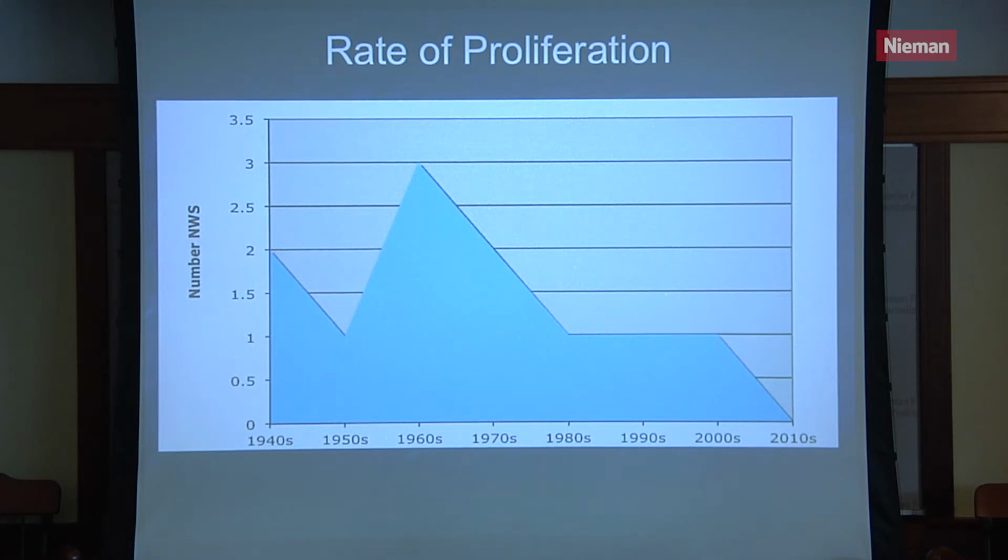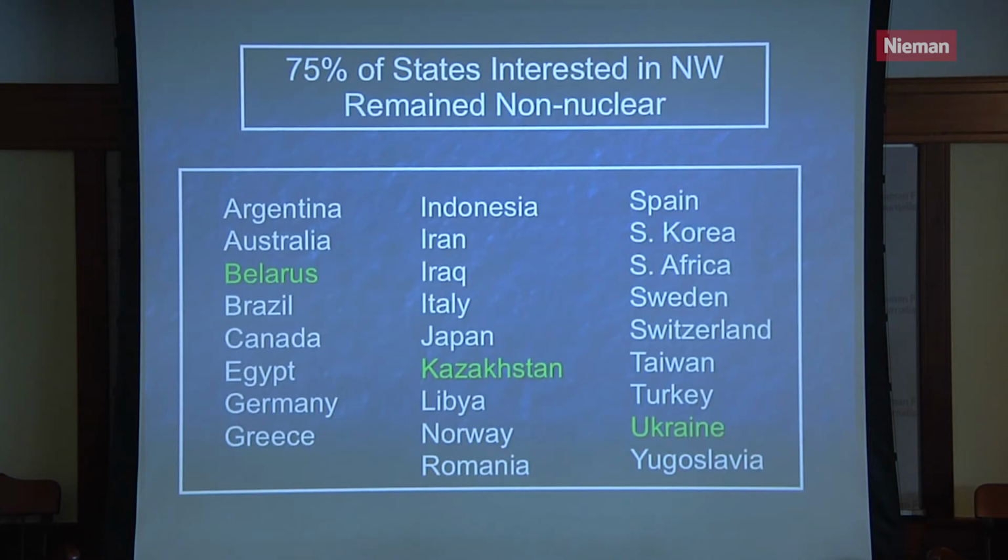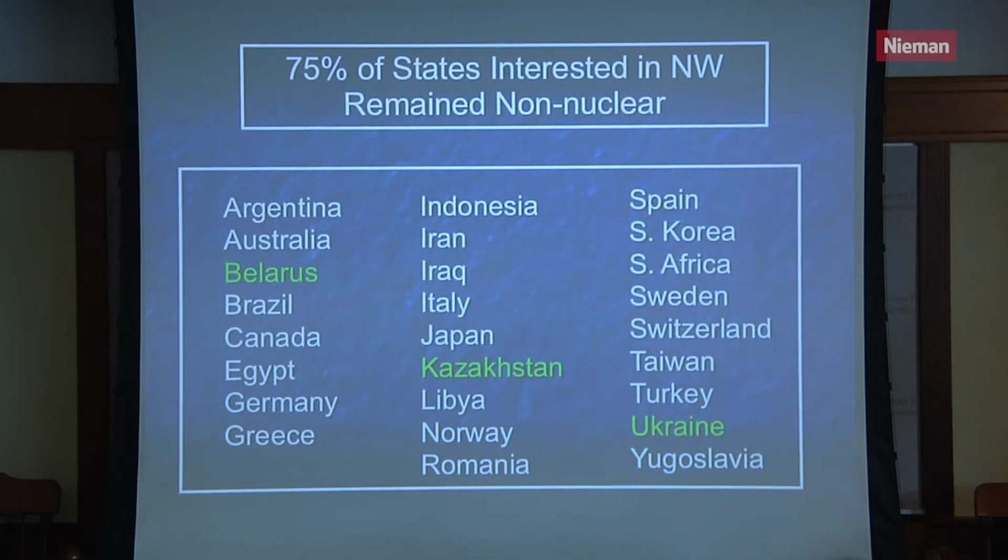In fact, when you dig into the history a little bit, you see that three quarters of the countries that were interested in nuclear weapons started down that path, stopped, and reversed course. Some of them just did paper studies, some went pretty far down the line, but in any case, a lot of countries, not surprisingly, did look at becoming nuclear weapon states, and for a variety of reasons did not end up in the club.